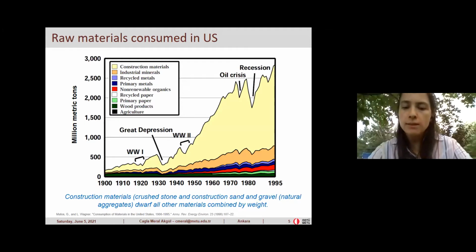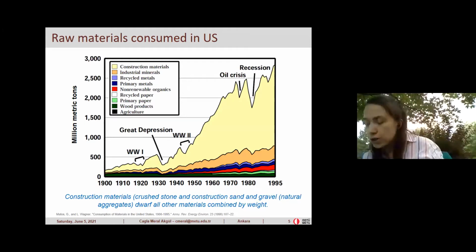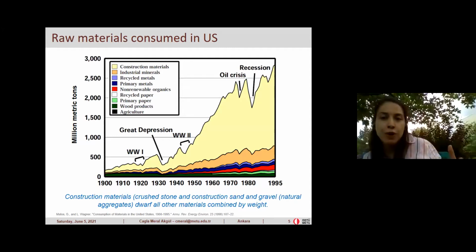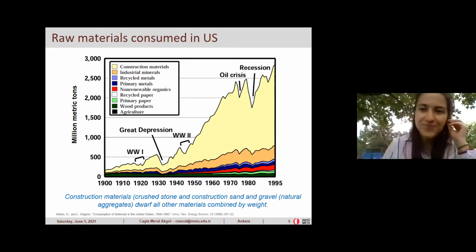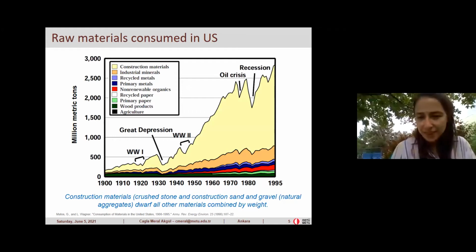So that's why when you look at the consumption of construction materials, actually you can follow the economic trends of a country. So that's kind of nice and neat. And by far, construction materials are consumed much more than all other materials combined.